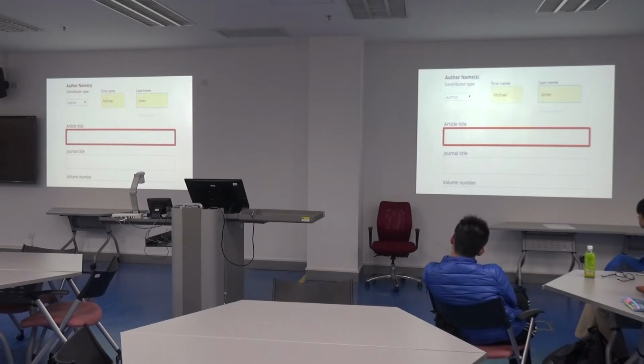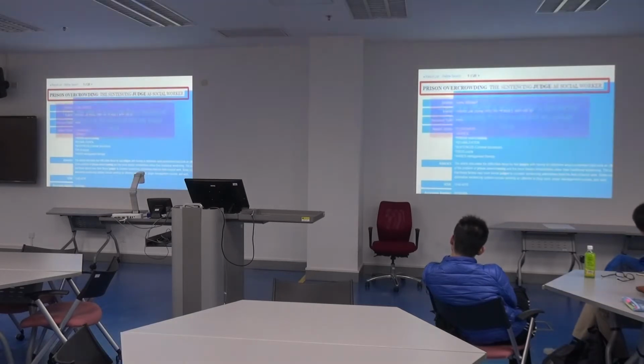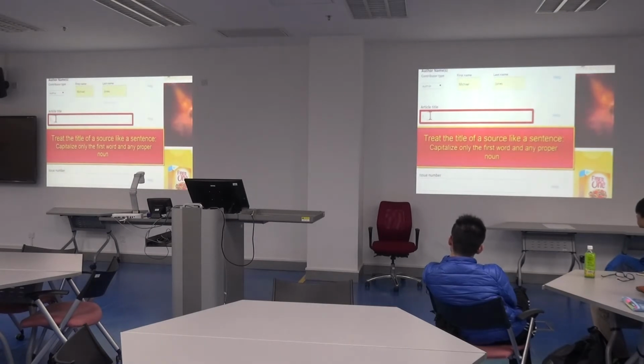Next, the article's title. In APA, when citing an article, you capitalize the title like it is a sentence. In other words, capitalize only the first word of the title and any proper noun in APA. Therefore, we would capitalize P for prison, but lowercase overcrowded. Then capital T for the, since the is the first word after the colon, which indicates a second title called a subtitle.